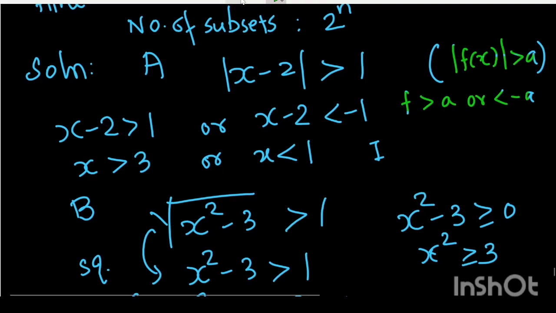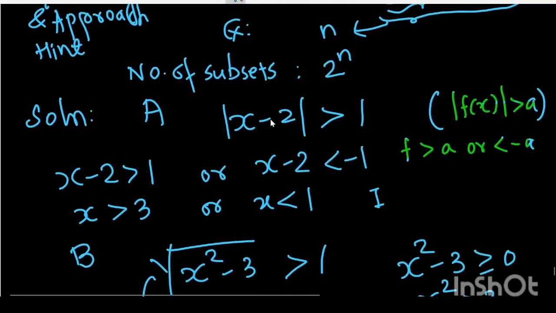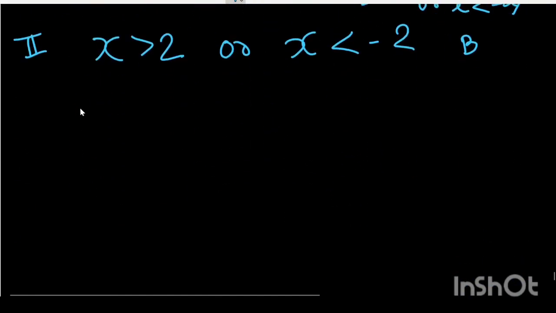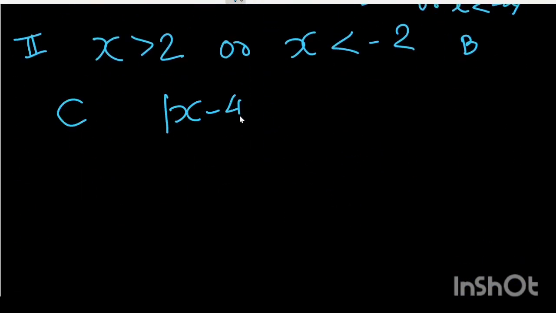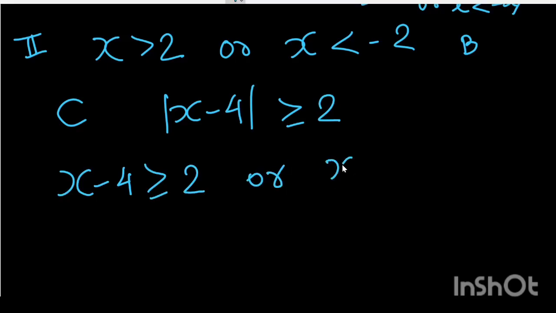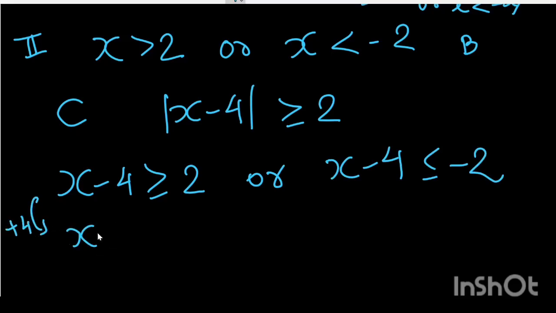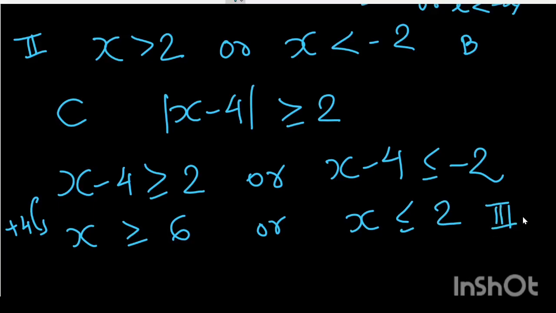So in set C, we can directly write x minus 4 greater than or equal to 2 or x minus 4 less than or equal to minus 2. Adding plus 4 on both sides of the inequality, this becomes 6. Here also adding 4, this becomes 2. Okay, so this is the third inequality set.